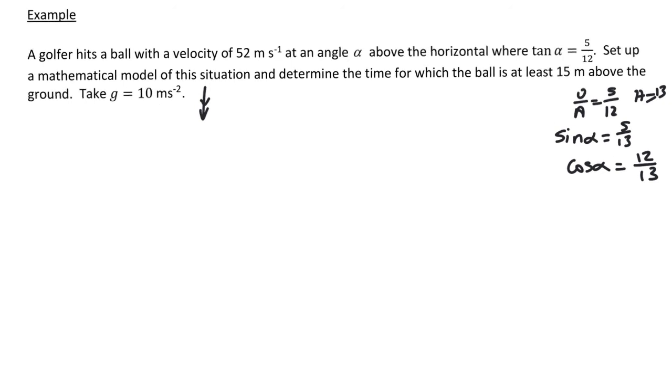So if we consider the golf shot, let's draw a picture of this. We've got our horizontal, and the ball will be projected up in the air and then come back down again. And what we're looking to do is try and find the time for which the ball is greater than 15 metres above the ground.